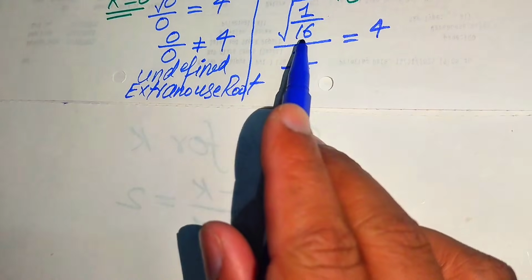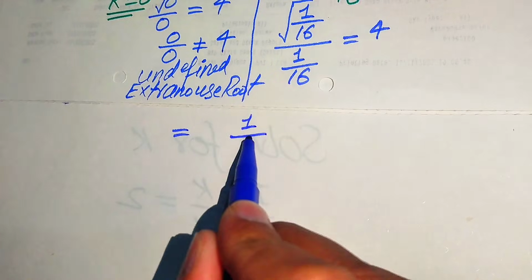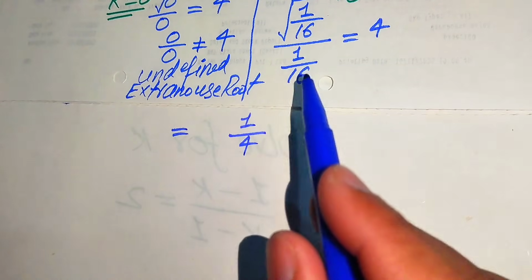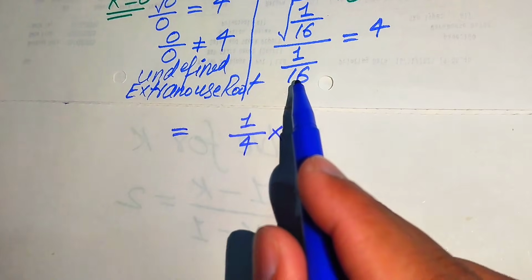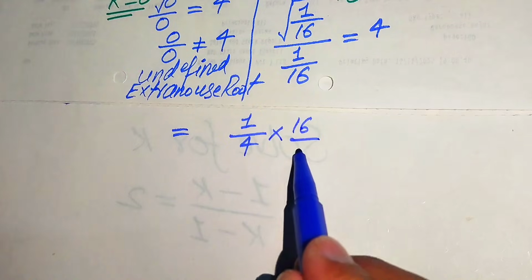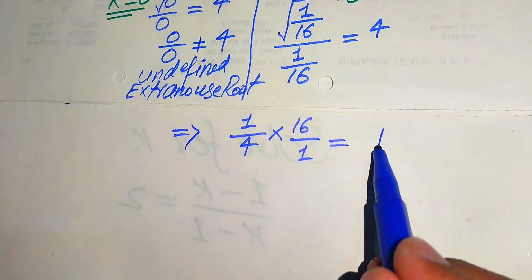We know that the square root of 16 is 4, so we write it as 1 over 4, and here you see that this is the denominator of a denominator, so the term in the denominator moves upward and becomes a reciprocal of the term, and it is written as 16 divided by 1, and this is equal to 4.